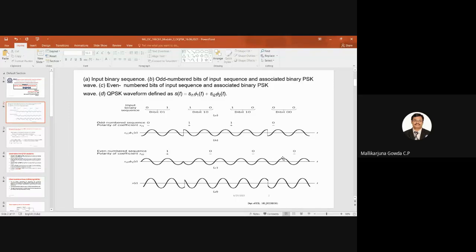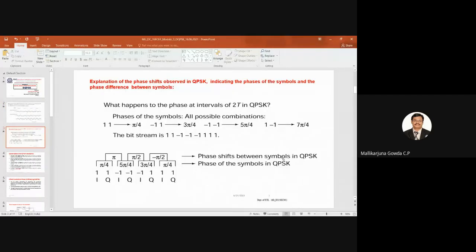If any one, either the in-phase or the quadrature bit, changes, then it undergoes a phase shift of 90 degrees. If there is no change in the in-phase or quadrature bit, then the QPSK undergoes 0 degree phase shift. Okay, so that is what I wanted to say.